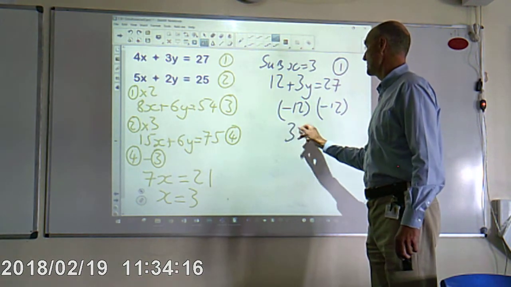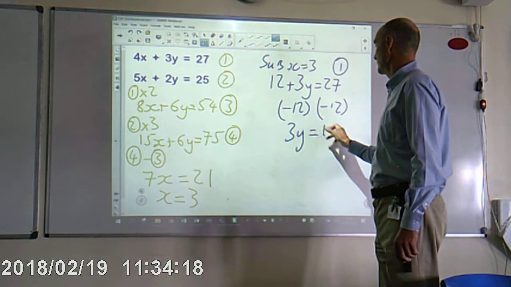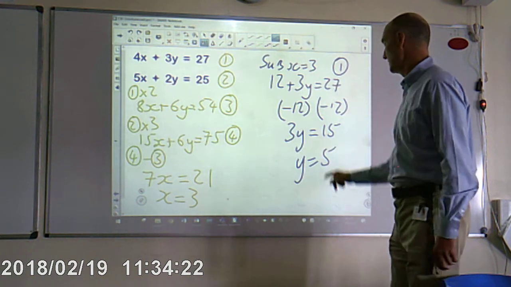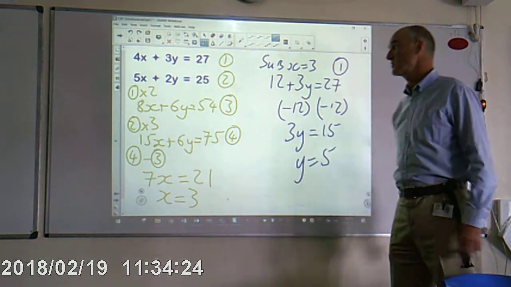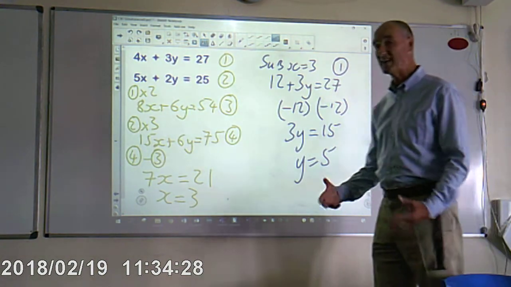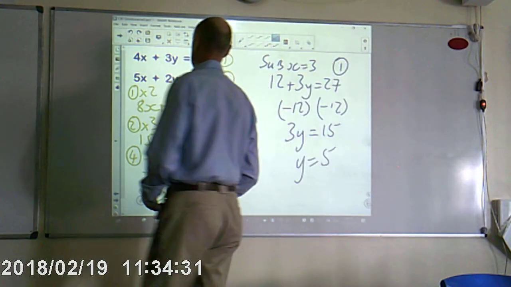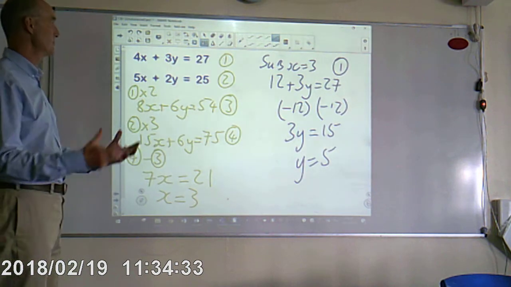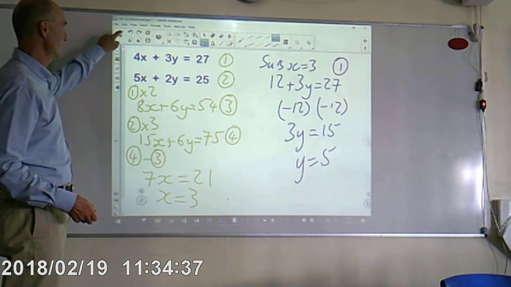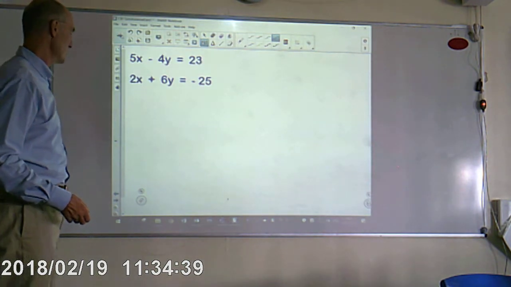And so I've got 3y equals 15, so y equals 5. That's better. So now I've got y equals 5 and x equals 3. Okay. We'll do one last example. Don't forget you can pause the presentation and go through the working if I've gone too fast for you. One last example here, ladies and gents.